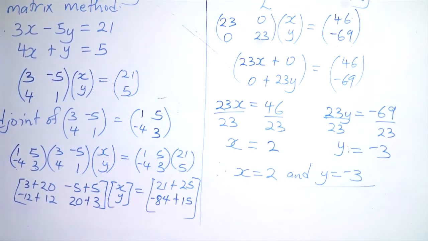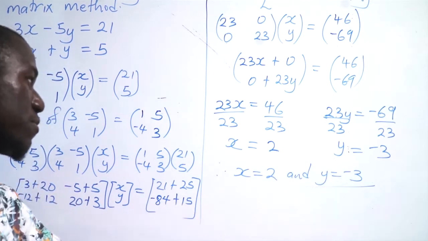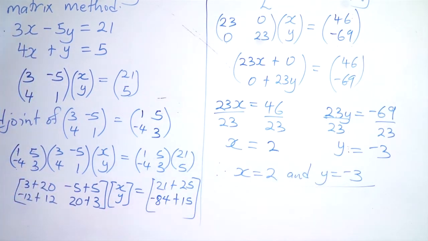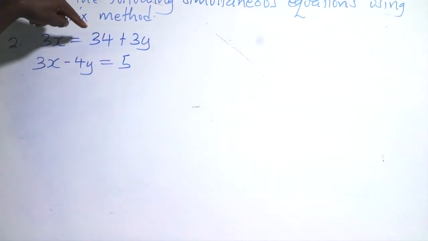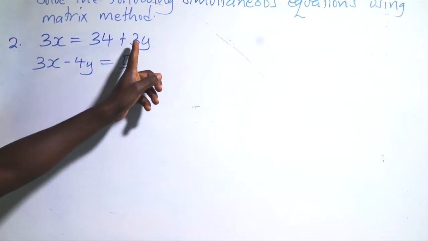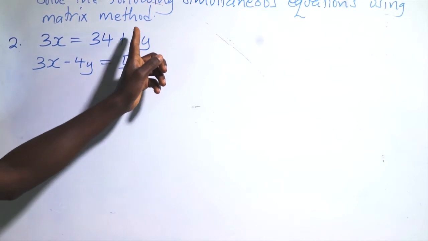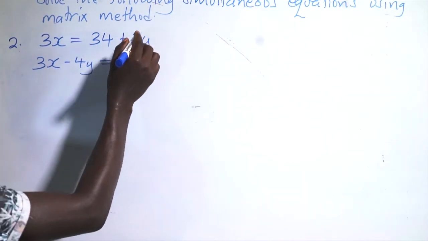So when we are solving simultaneous equations, our answers can be positive, can be negative, can be fractions. We are having example 2, as simple as that. Now, when you look at the would-be first equation, the unknown of y is on the other side of the equation. So I must first take it back here.